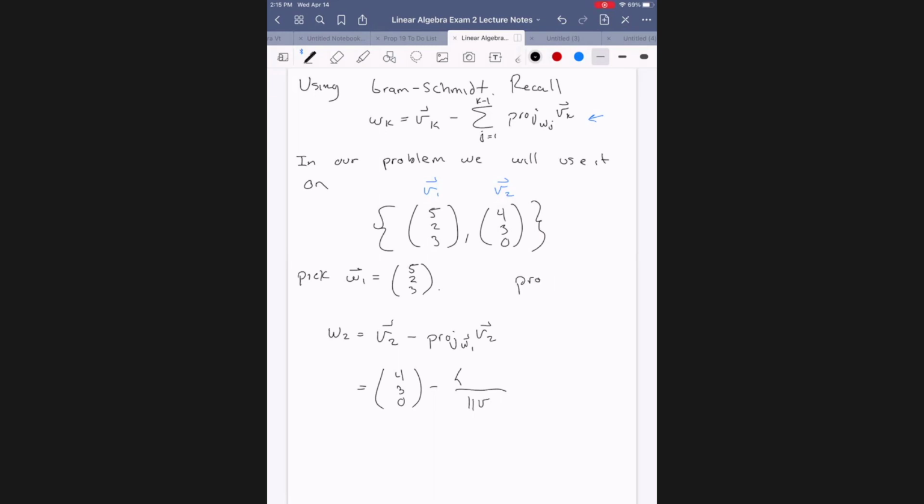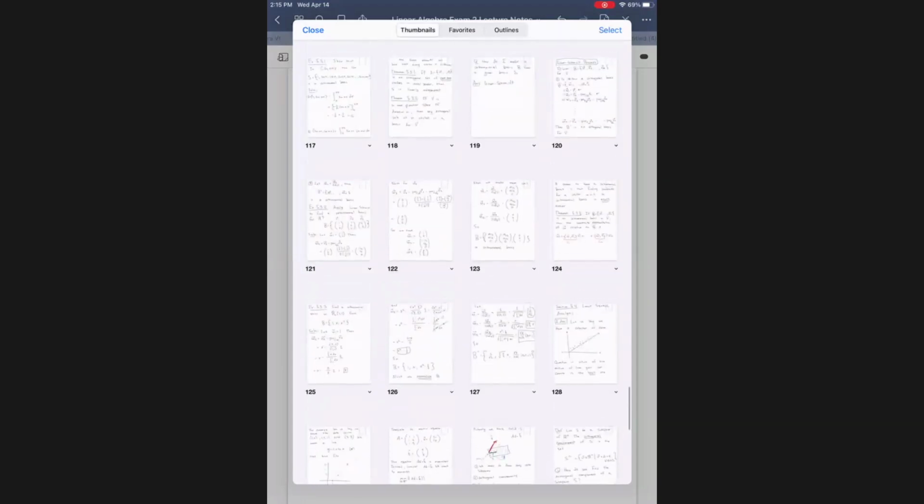You're right. So the projection, let's say of V onto W, is going to be the inner product of V, W over the magnitude. I can just look it up over here. I always forget.